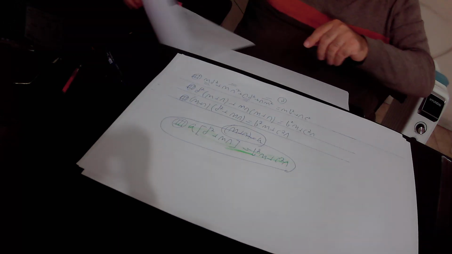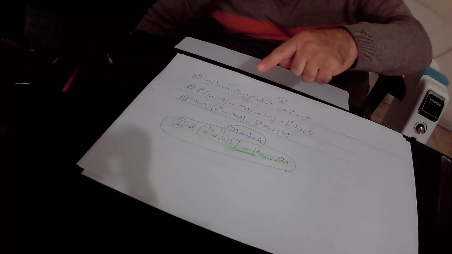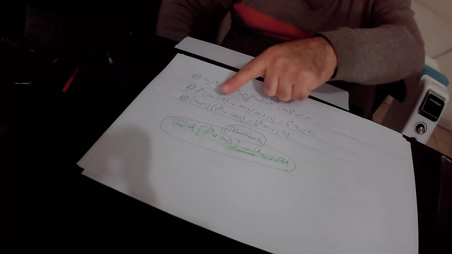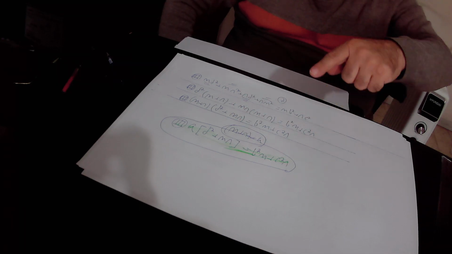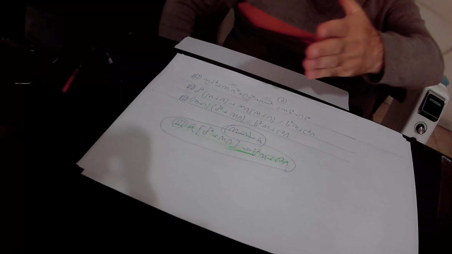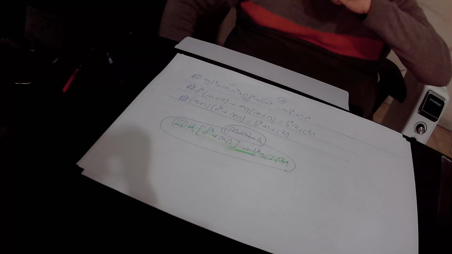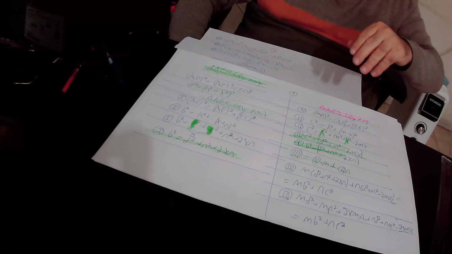Therefore we substituted m plus n in equation number 3 by a. Inside the brackets we have d squared plus mn, and it equals b squared m plus c squared n, and this is exactly Stewart's theorem. Then we proved Stewart's theorem in the second method.